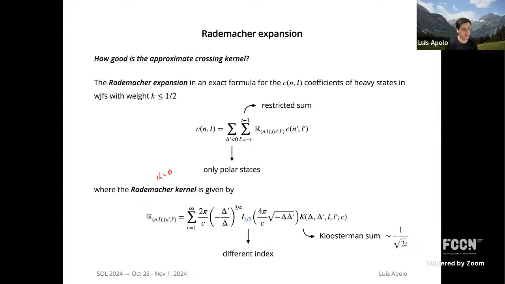So this term hidden in the Kloosterman sum will be important, but there are also some phases that for us will not be important in this talk. But a crucial difference between the Rademacher kernel and the crossing kernel is that we have a different index for the Bessel function. So this Bessel function has a 3/2, whereas the one for the crossing kernel had a -3/2.